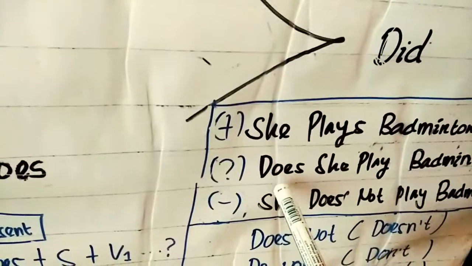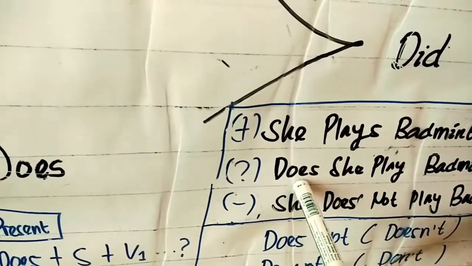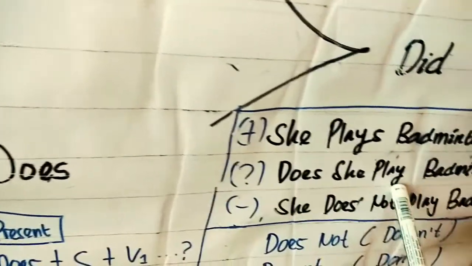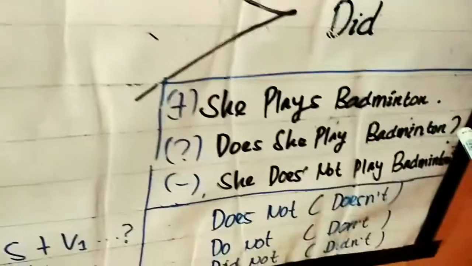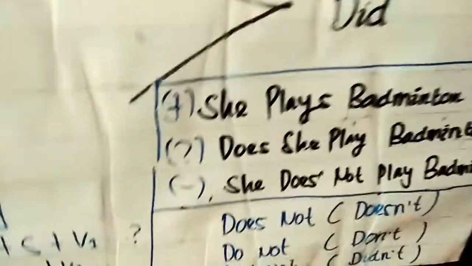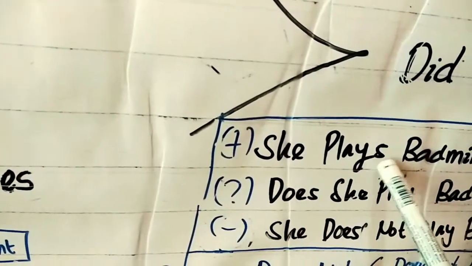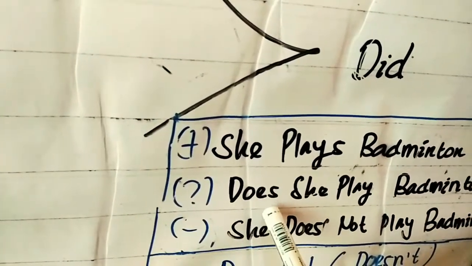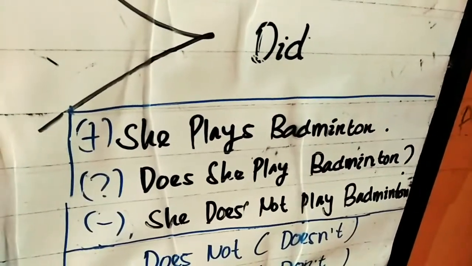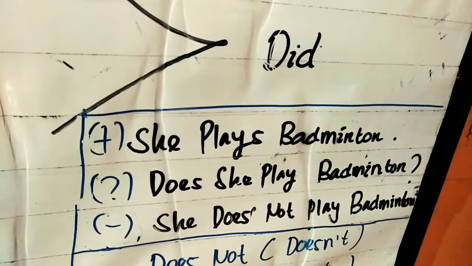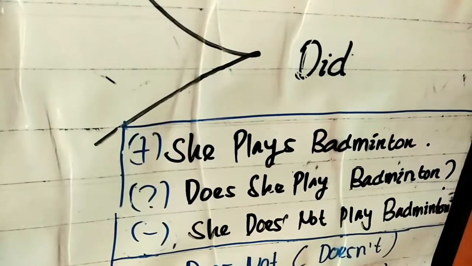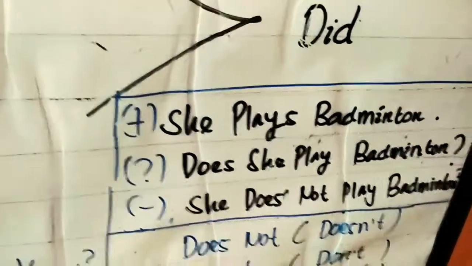That's why we put does here. Does she play badminton? Also play here without s, because do, does, and did must be followed by verb one. No additional s, no verb ing, no verb 2, verb 3, must be verb 1.